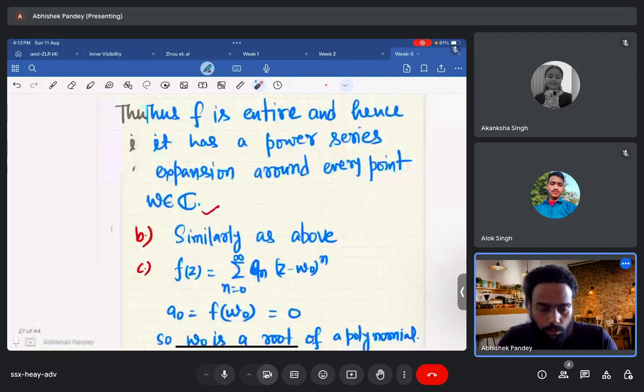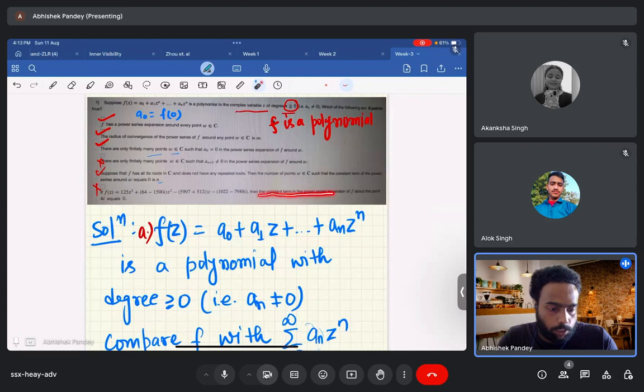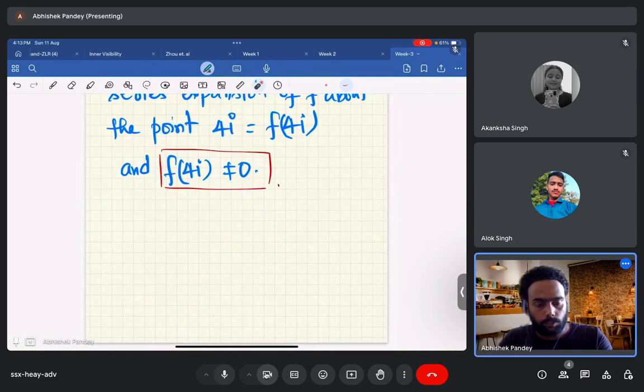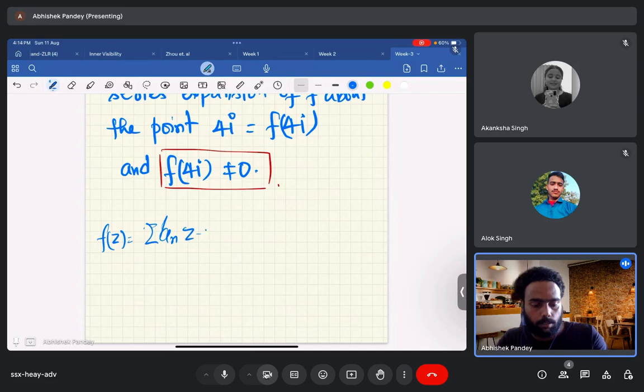Okay, let me just see. The constant term in the power series expansion of f about the point 4i. f of z is nothing but summation bn into z minus 4i to the power n, n equals 0 to infinity.